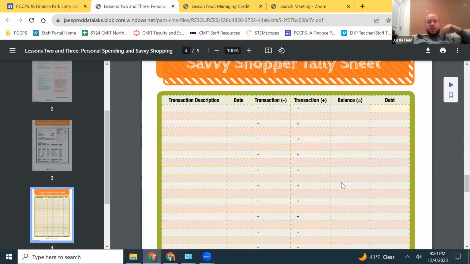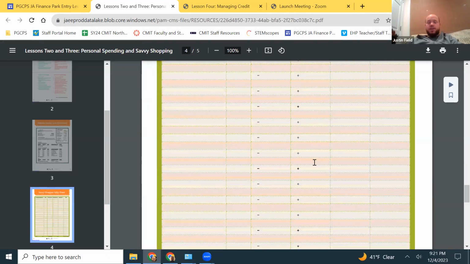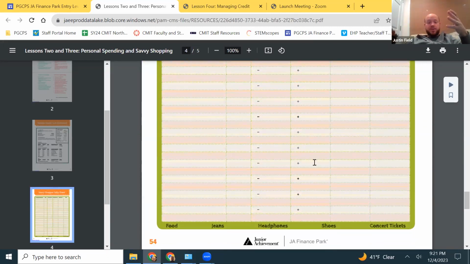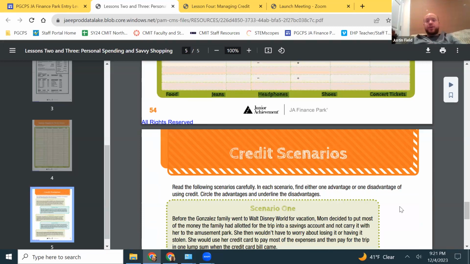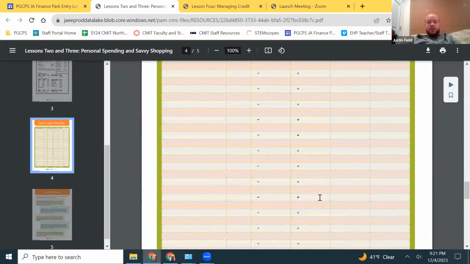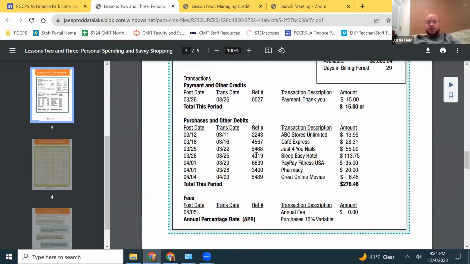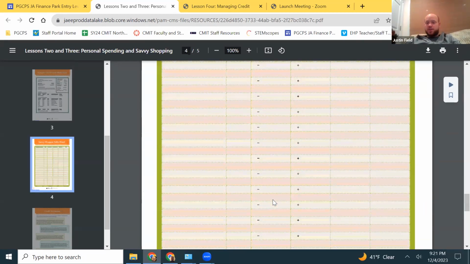So see if you can take that credit card statement and translate it into the Savvy Shopper tally sheet to see if you get an idea of what she did. At the bottom it says food, jeans, headphones, shoes, and concert tickets. I don't know what that is, so we're going to ignore it. Basically what I'd like you to do on these two sheets is to see if you can clearly read the credit card statement.